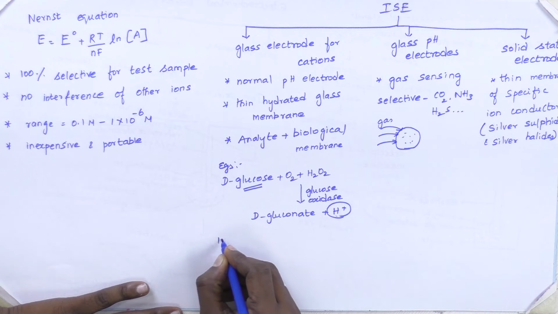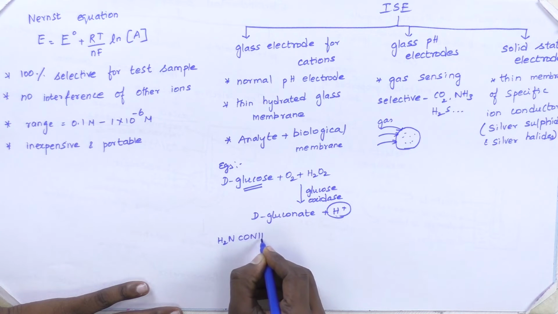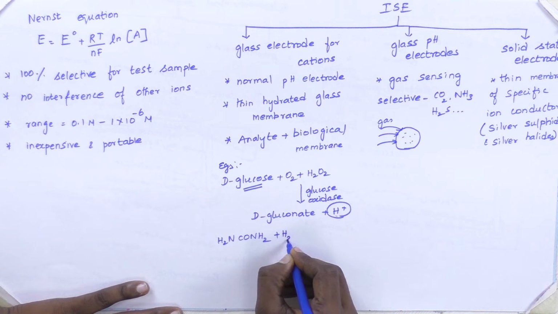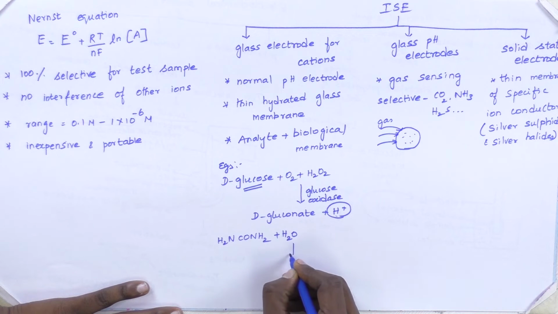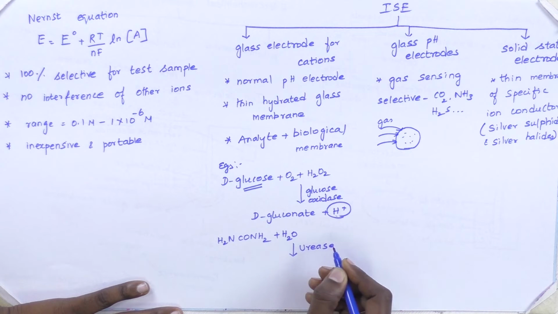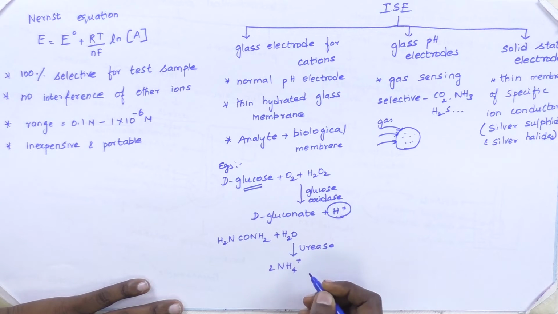Urea with water molecules in presence of urease as an enzyme produces ammonium ions.